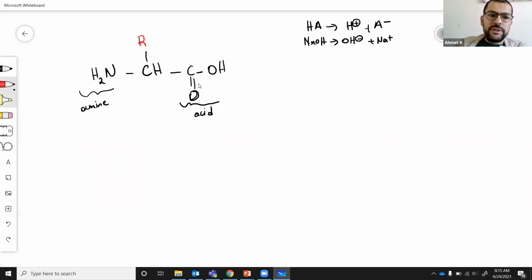And if I can, let's put another amino acid here, the same molecule. And I'm just going to write it in a different color. CH R COOH.